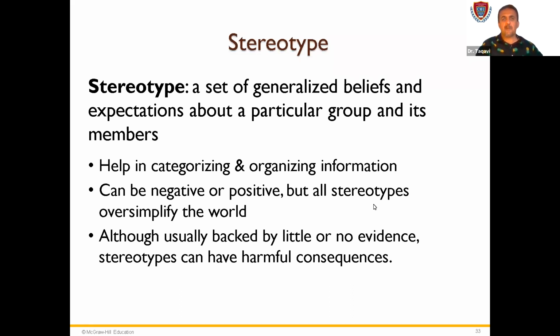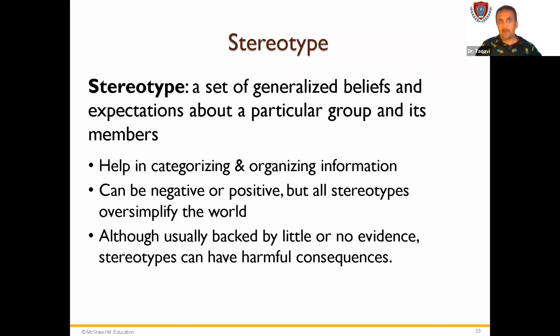Stereotypes are a set of generalized beliefs and expectations about particular groups and their members, helping categorize and organize information. As you know, when you have a stereotype, when you have cliches about a concept, it helps you organize the information about that matter. Stereotypes can be negative or positive, but all stereotypes oversimplify the world.